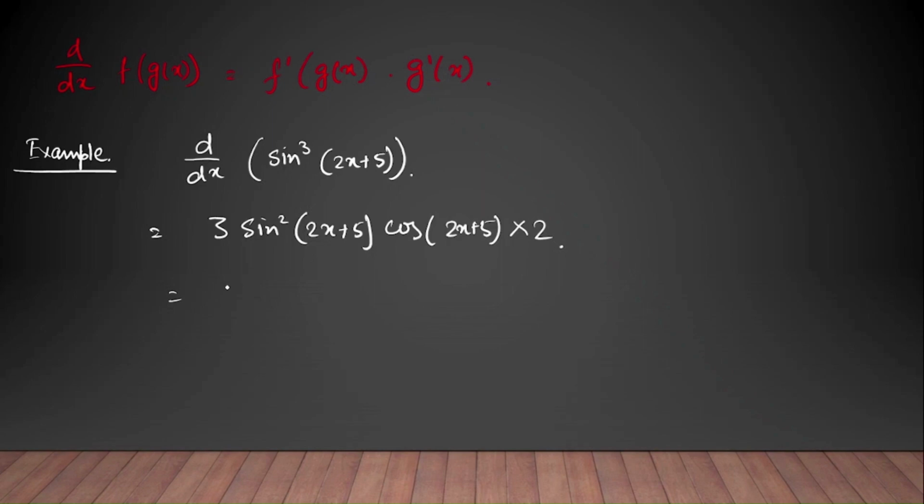The answer is 3 into 2, that is 6 sin square (2x plus 5) into cos of (2x plus 5).